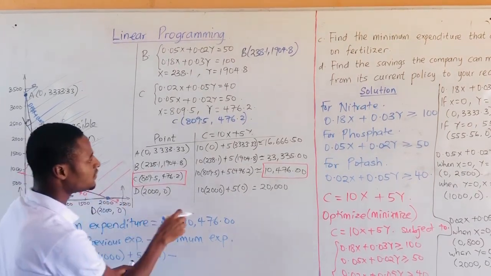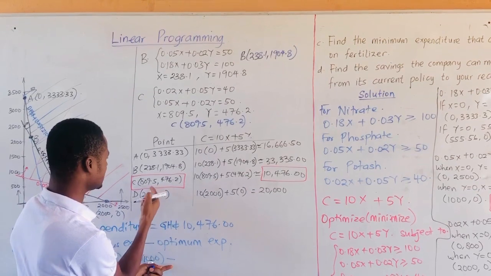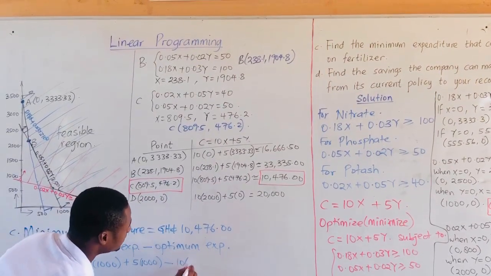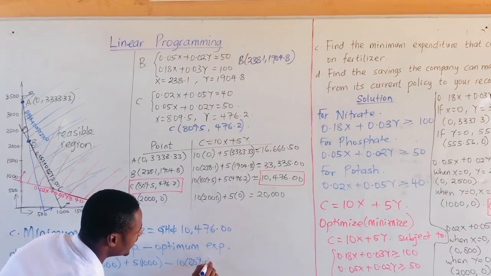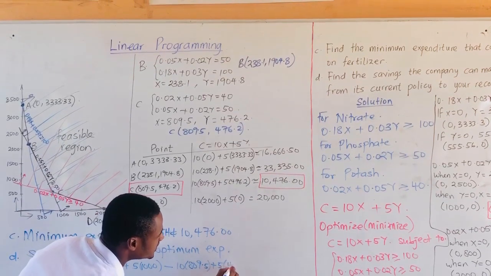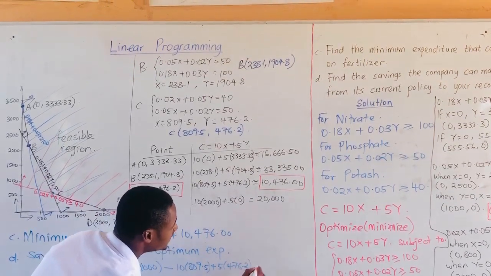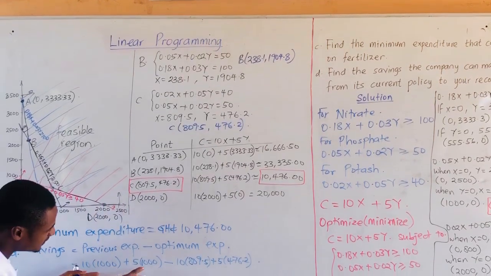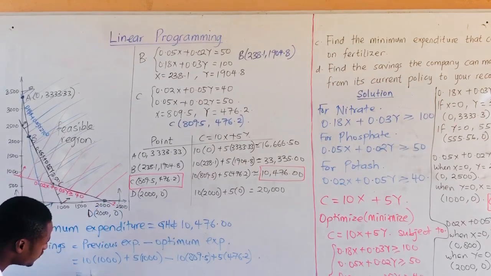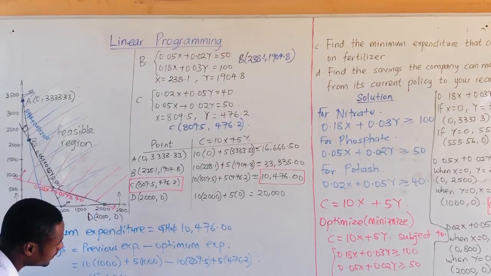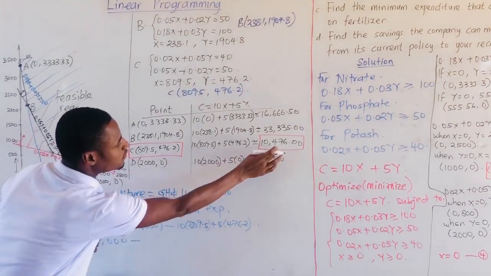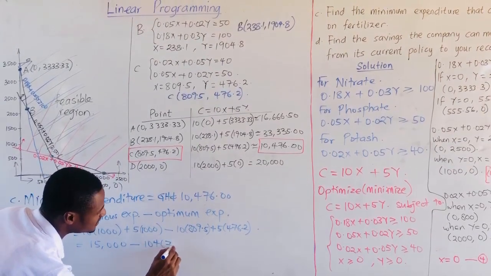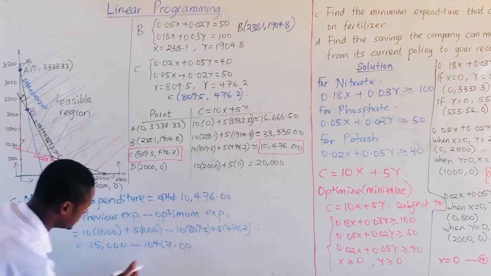Minus our optimum expenditure, which is 10 times 809.5 plus 5 times 476.2. This will give us 10,000 and then 5,000, so 15,000 minus our minimum cost, 10,476.